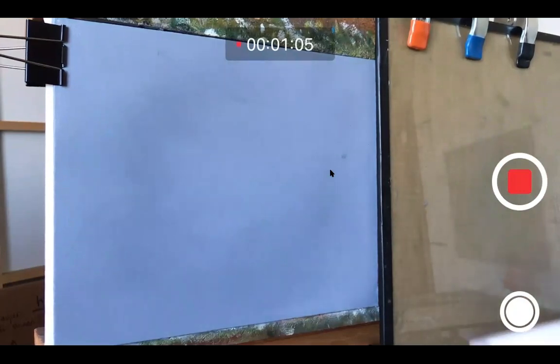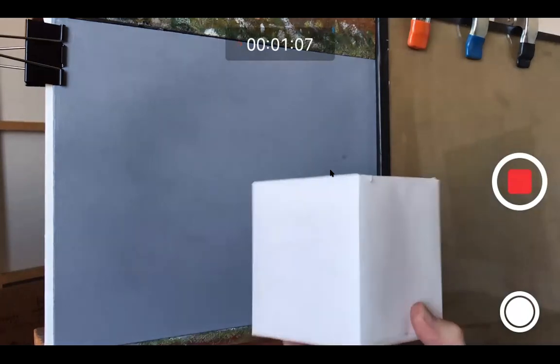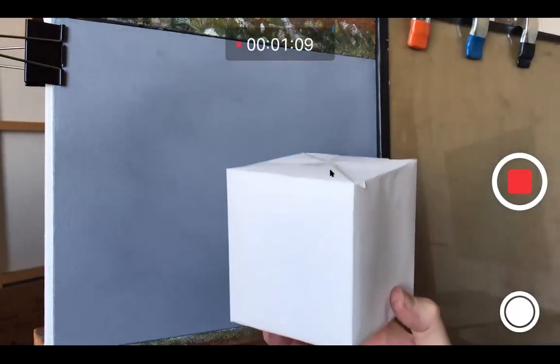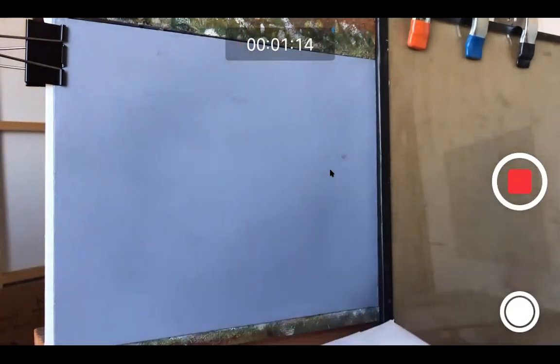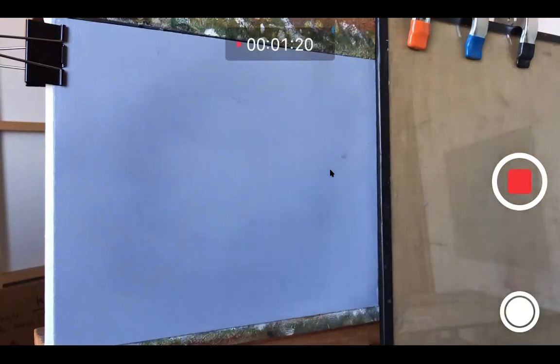I'm going to be painting this object today with a warm and cool palette, observing color temperature as I paint. That's what I'm primarily looking for.